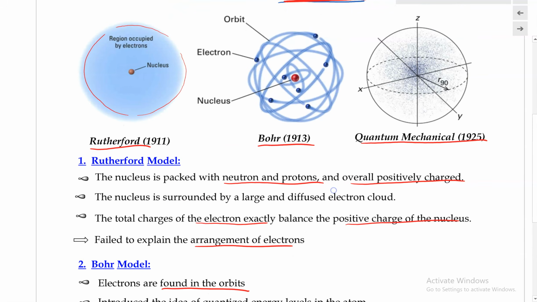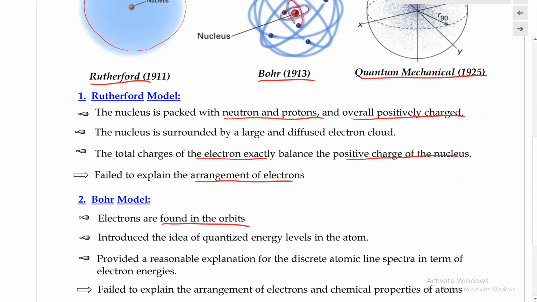When we compare the Rutherford model and the Bohr model, you can see that in the Bohr model, electrons are not found just anywhere in this region, but can only be found in these orbits. Each of these circular lines represents an orbit, and in these orbits is where we will find the electrons, orbiting about the nucleus.